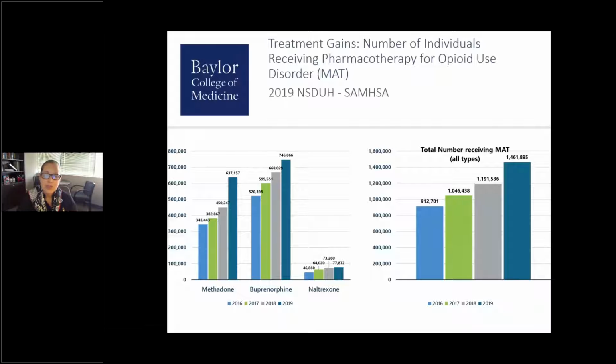So we see that the number of folks on methadone increased from 2016 to 2019, as did buprenorphine and naltrexone. And again, the total number receiving any of these medications that have been shown to be effective and are FDA approved for treating opiate use disorder increased across the board. So far, all good news.